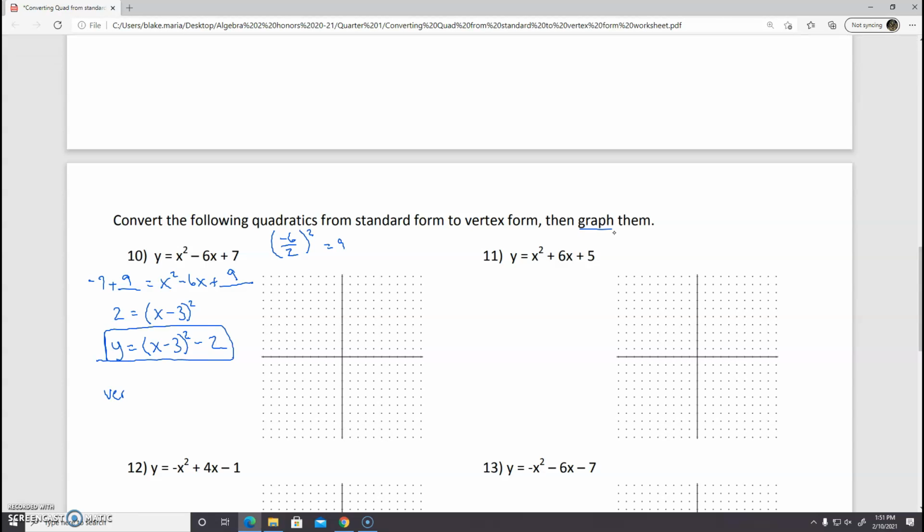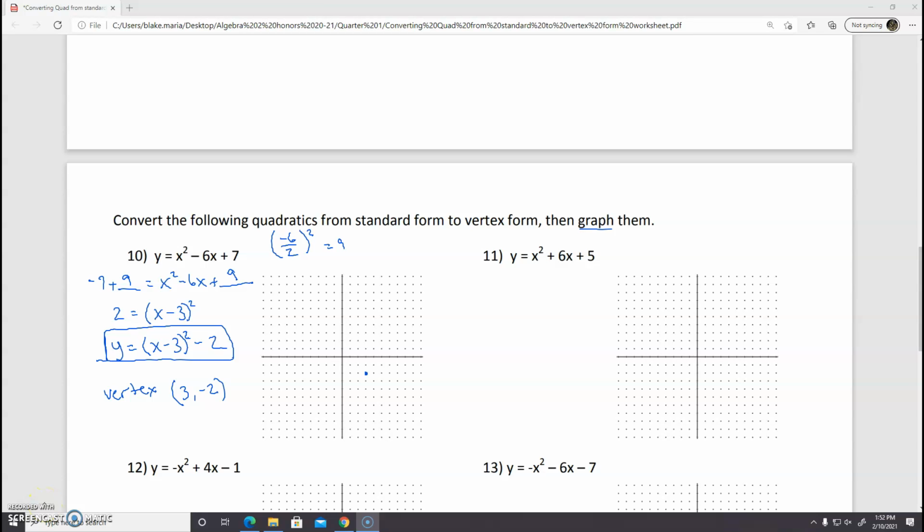So now that there's a vertex form, we can pull out our vertex, change, keep, so change to +3 and keep -2. And we're going to graph that vertex. +1, 2, 3, -1, 2. Now, bear with me because this doesn't always like when I draw on it. +3, -2.